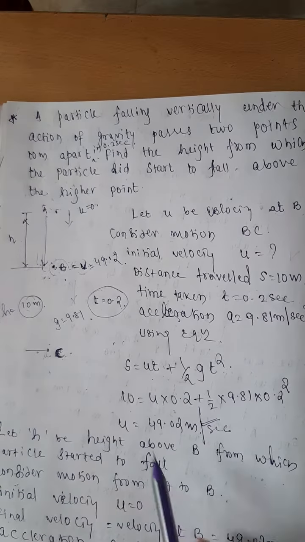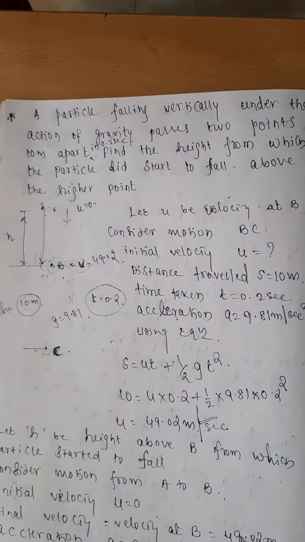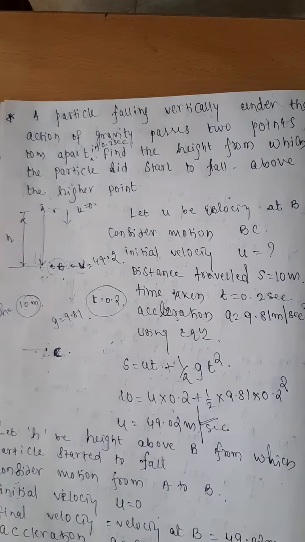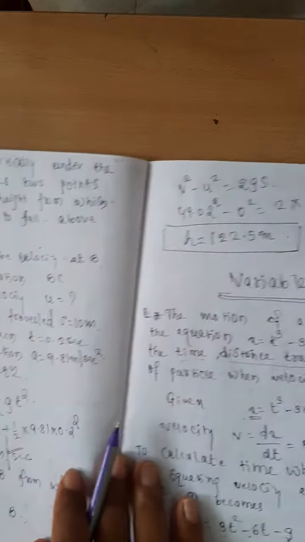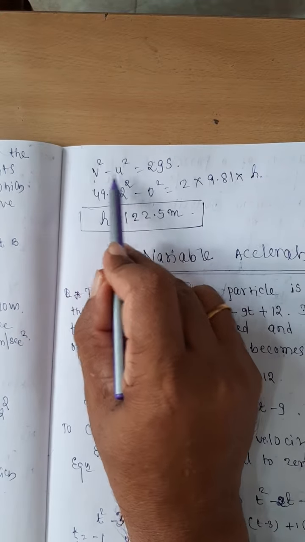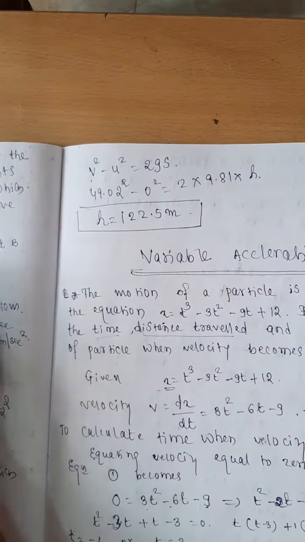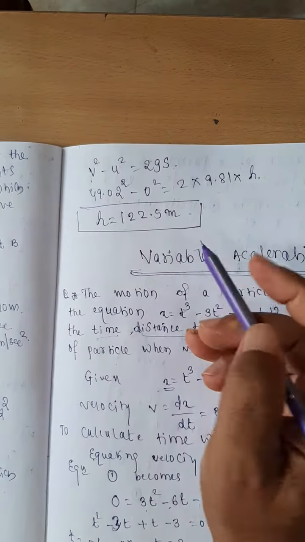So from A to B, initial velocity is 0, final velocity is 49.2, and acceleration is equal to 9.81 meter per second square. Using this formula, V square minus U square is equal to 2GS, I can get the value of H, which is equal to 122.5 meter.